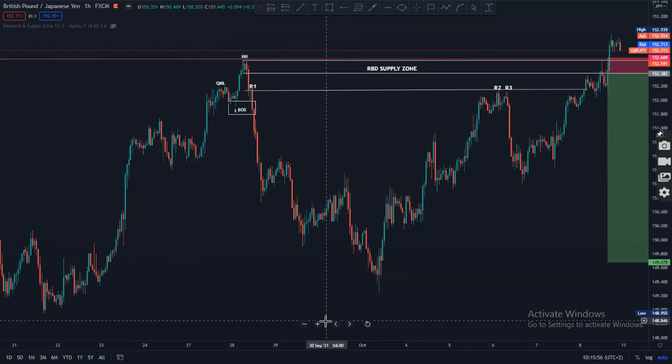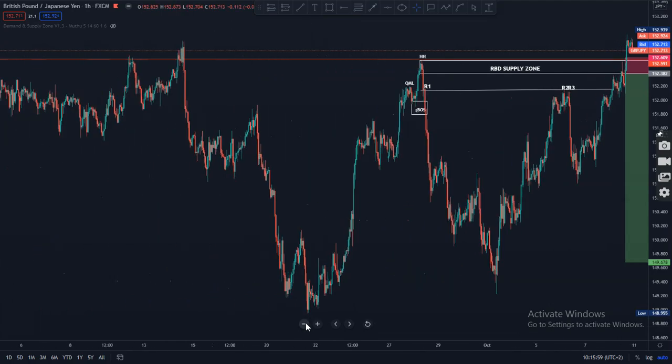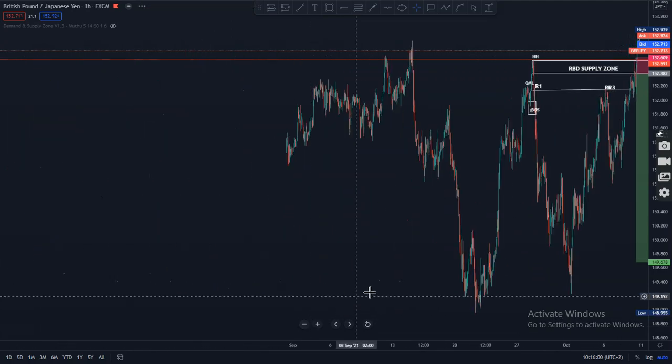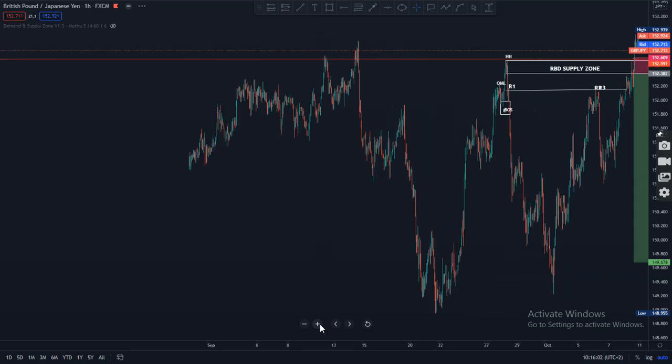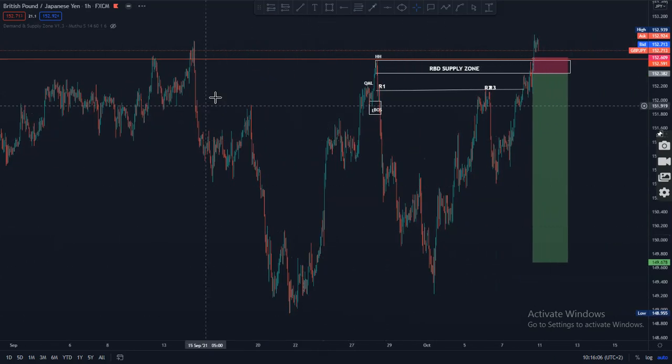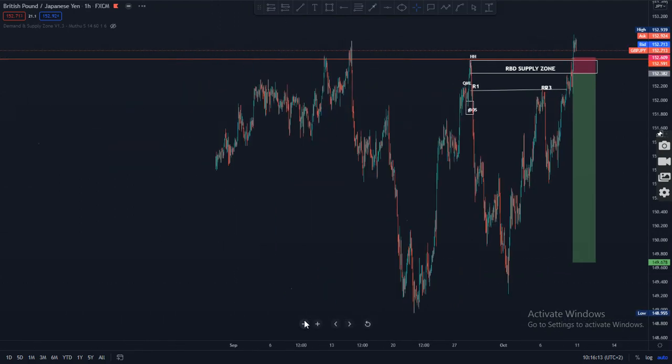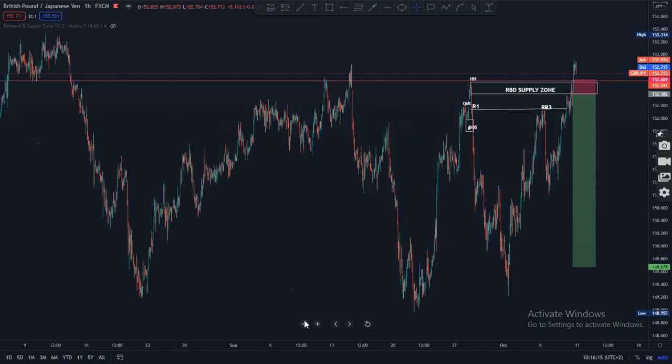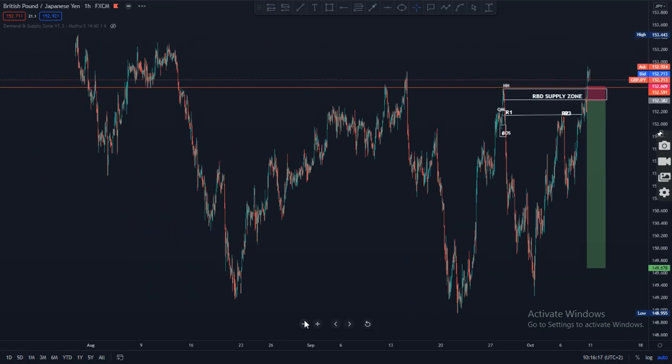So what you have to do is zoom out or go to the higher time frame. And when I did this, I only had one touch, and price literally dropped from there. So I didn't really have any reason why this trade might have failed.